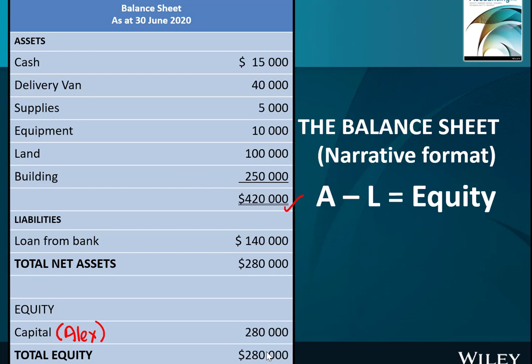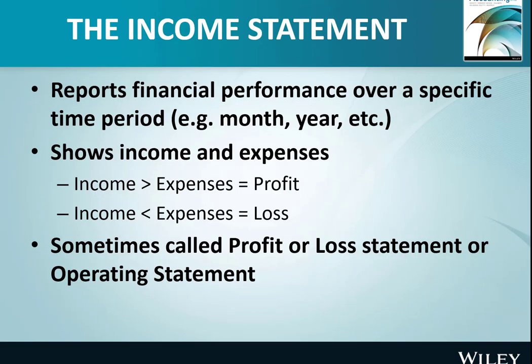Let us move to the second document, that is the income statement. When we run a business, every day the business will generate income or revenue, and we also have to spend a sum of money to maintain our operations.